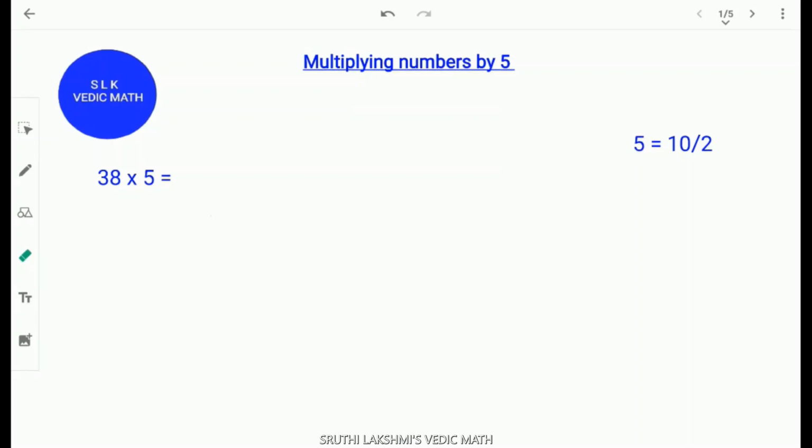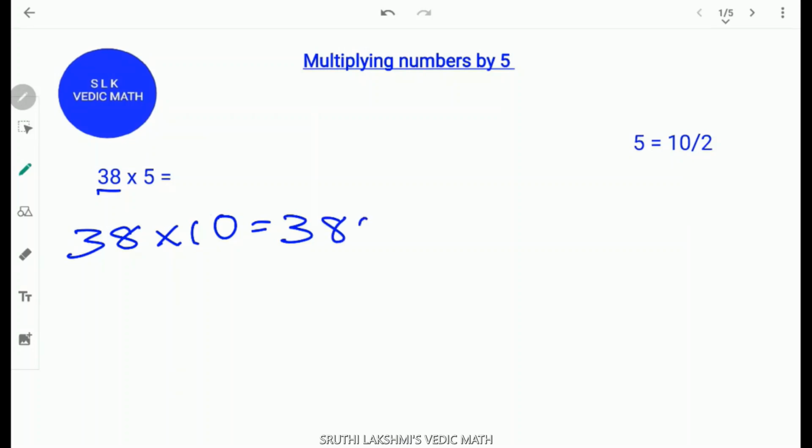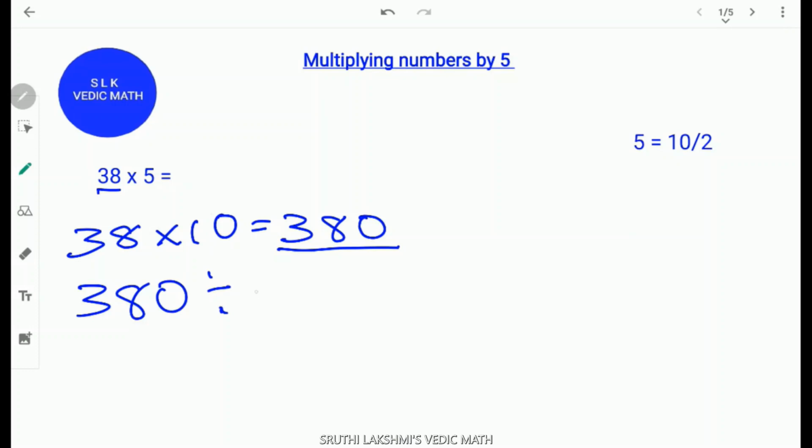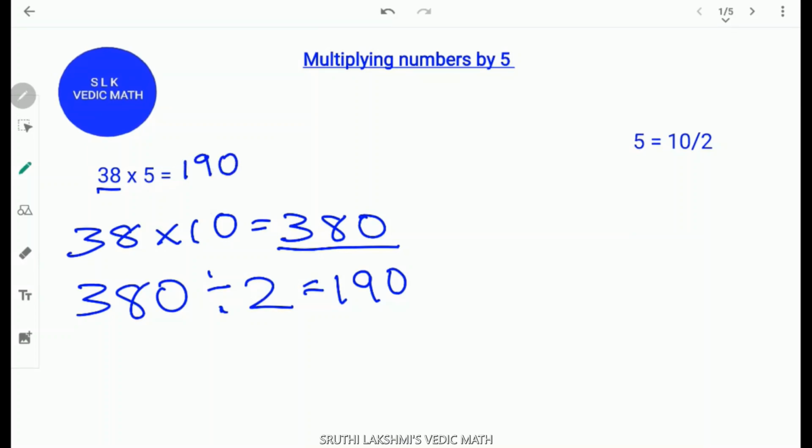First, multiply 38 with 10. So 38 times 10 is 380. Next we do 380 divided by 2. 380 divided by 2 is 190. So 38 times 5 is 190.